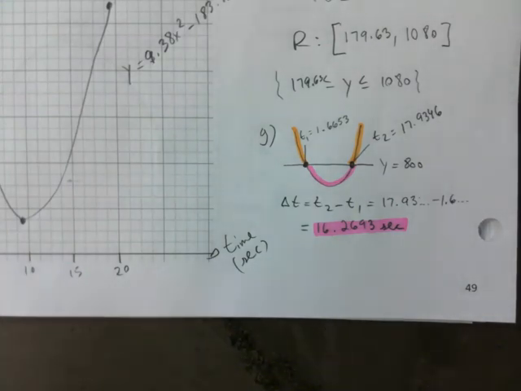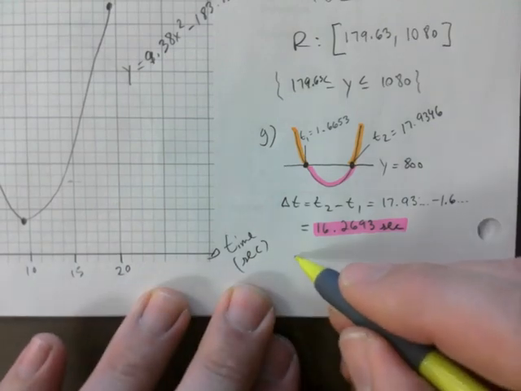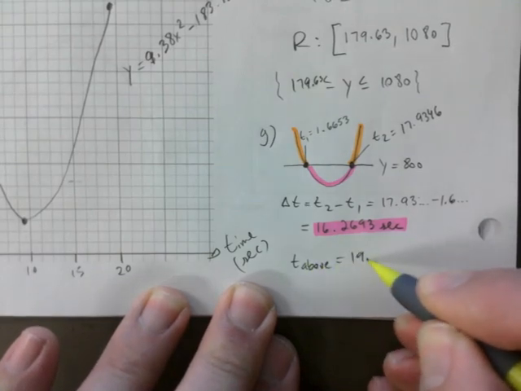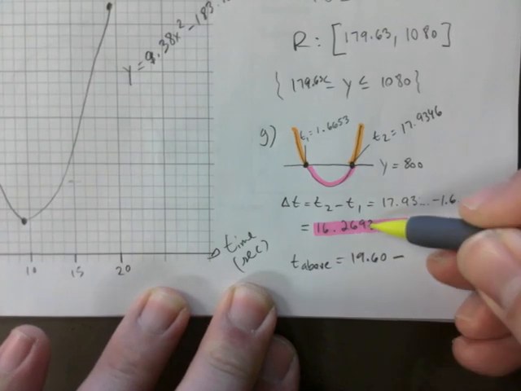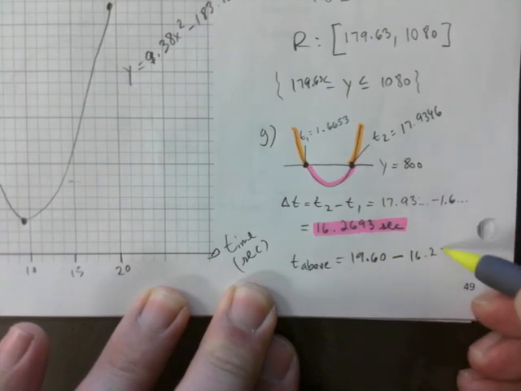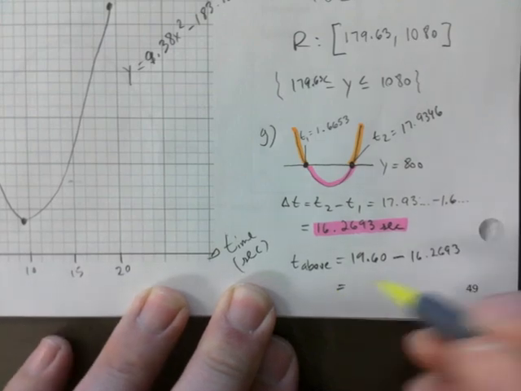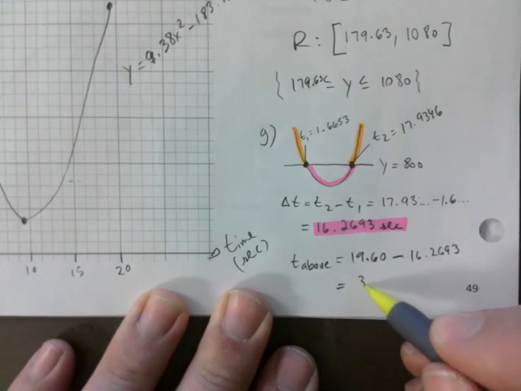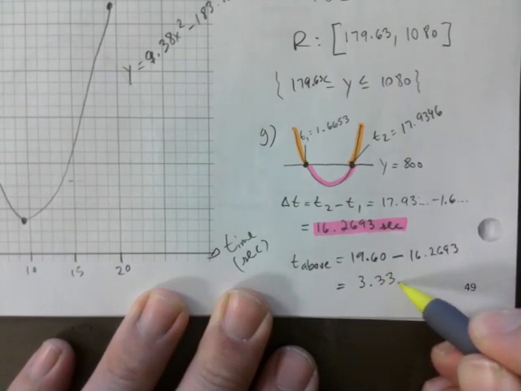How would you go about this? What's the total flying time? 19.60, right? Time above is 19.60 minus this here. And you get 3.33 seconds.